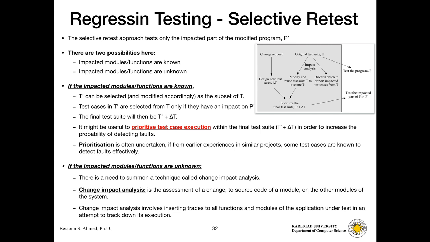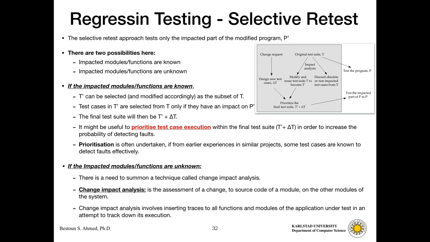Another clever way is selective retest. Selective retest means you want to identify the changes you did in the program, and then you only test those changes and those impacted parts inside the software, and keep the other parts because you tested them already and you don't need to retest them all again.